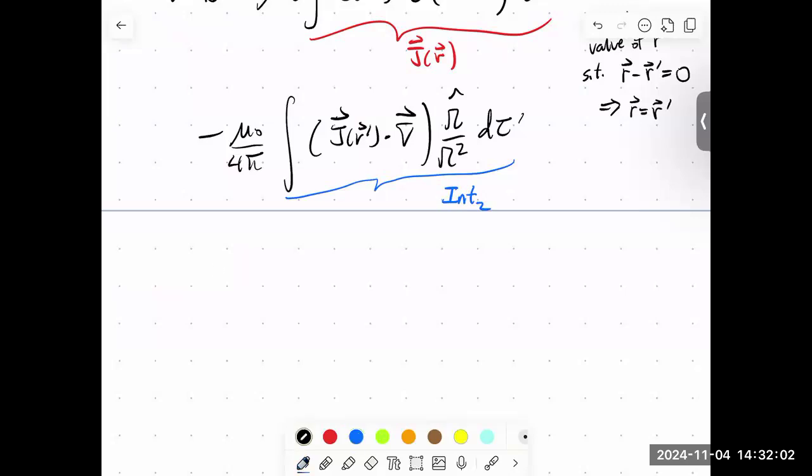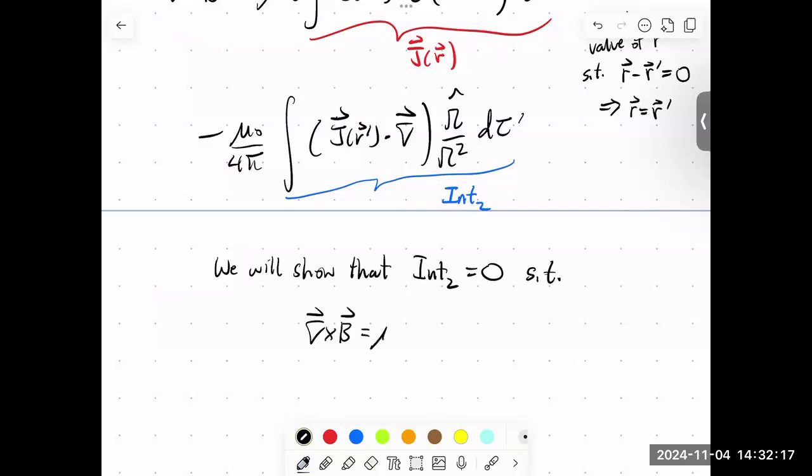So we will show that integral 2 is equal to 0 such that the curl of B is going to be mu naught J. If we can do that, that was our goal.